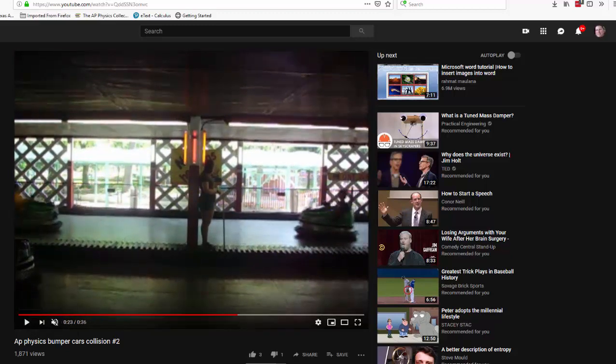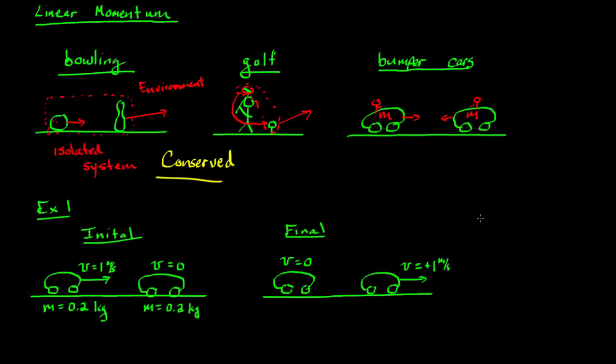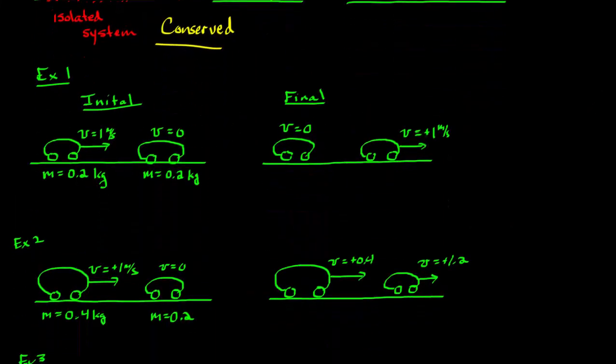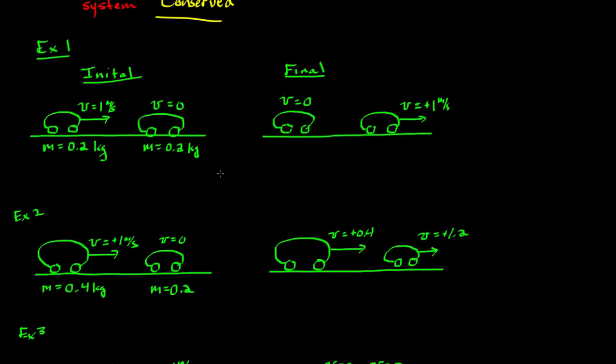Okay, so let's get into a couple little thought experiments, or I guess they're not thought experiments. We actually have some numbers we can put on them. So the way that we draw these, because there's a collision that happens, we care about what happens before, our initial conditions, and then our final conditions. And then we can compare them to try to make sense of what's happened in between. So in this case, we have two cars.